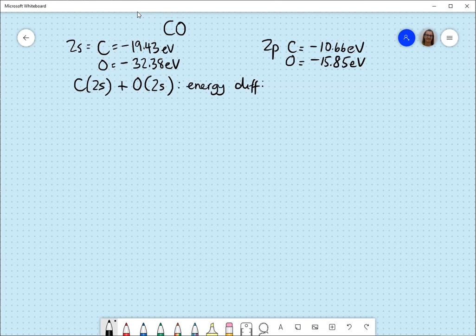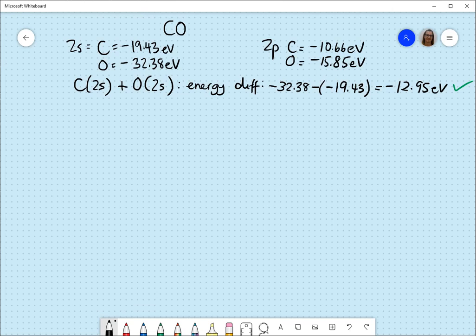It is oxygen 2s, so that's minus 32.38 minus minus 19.43. That gives us negative 12.95 electron volts. Okay, so we can definitely have an interaction there. It's on the border of it being an interaction, but it does exist.